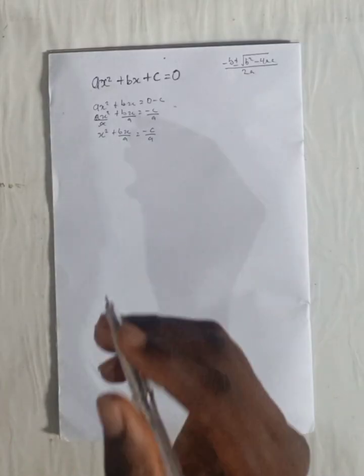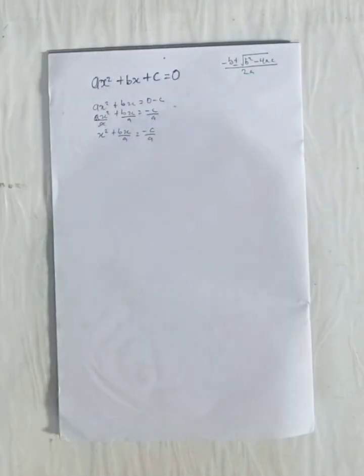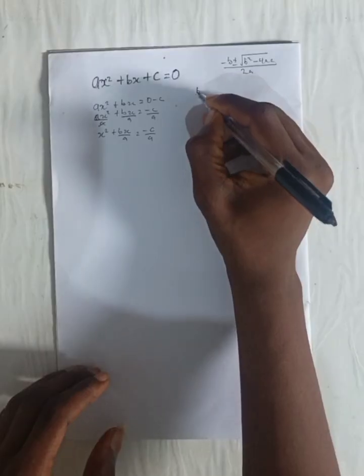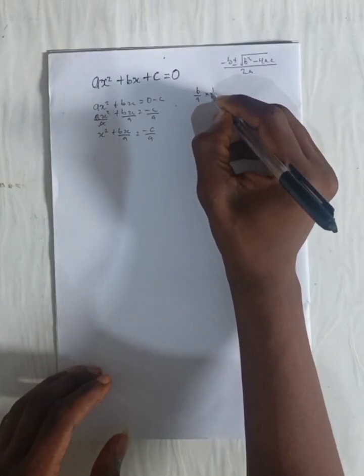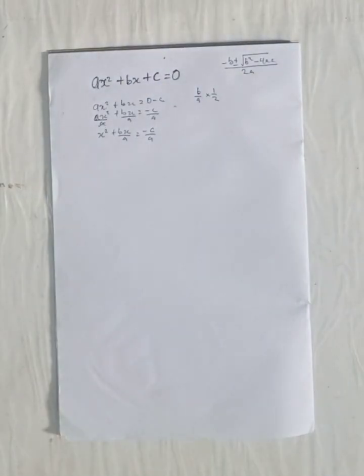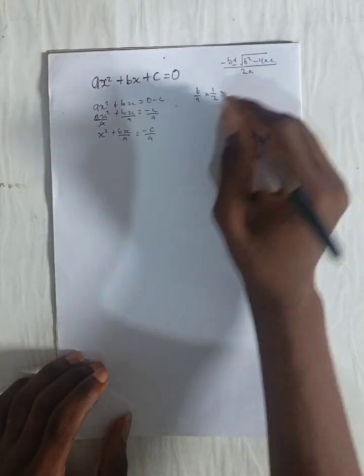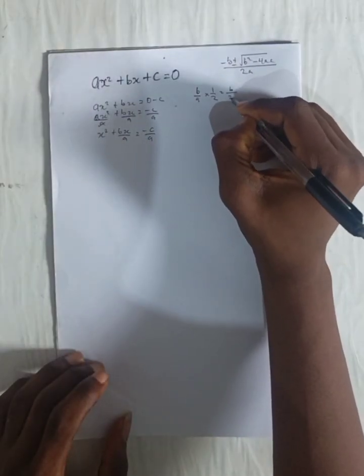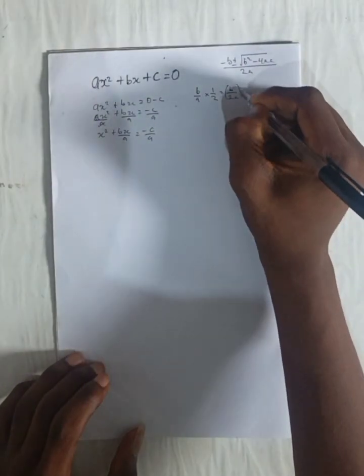Next thing we are going to do is to add the square of the coefficient of x to both sides. Don't worry, it sounds big, but I'm going to break it down by saying we bring out the coefficient of x, which is b over a, times it with 1 over 2, and add the square to both sides. Multiplying these together, we have b over 2a. Then we're going to square it.